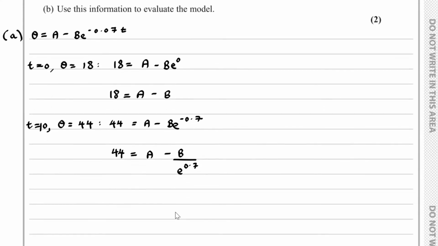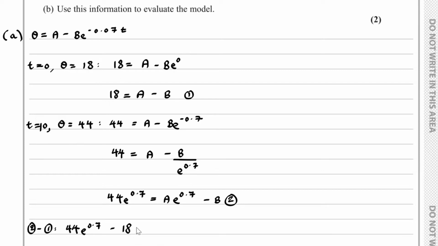And now if I multiply through by e to the 0.7, we have 44 e to the power of 0.7 equals A e to the 0.7 minus B. And if I call this equation 1 and this equation 2, we can subtract those equations to eliminate the B variable, which will help us to find A. So if we do equation 2 minus equation 1, we have 44e to the 0.7 minus 18 on the left hand side, and this is equal to Ae to the 0.7 minus A, and then minus B minus minus B, the B's cancel out.